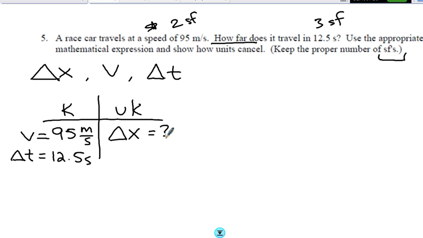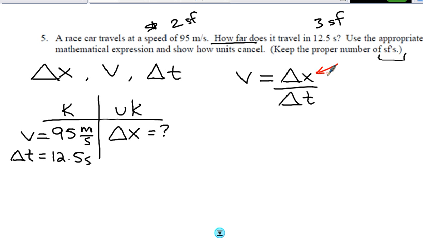So now I want an equation that relates these 3 variables. If you think back to the slope of the position time graph, you get that velocity equals delta x over delta t. So this may be one way of remembering that formula. But what we want to do first then is to solve for delta x.